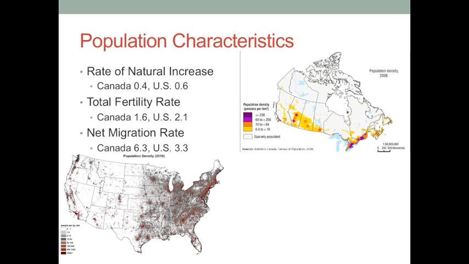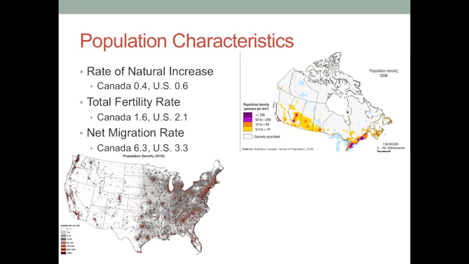So if we look again at the two regions on this slide, you'll notice first of all, again, this concentration of population density in the eastern portion of the United States and largely in the eastern portion of Canada, although the prairie provinces towards the center of the country certainly have a large population density along the U.S. border.